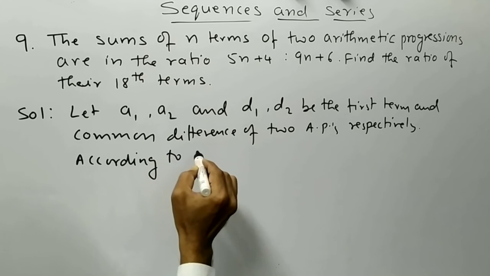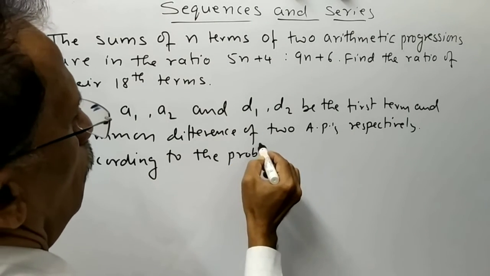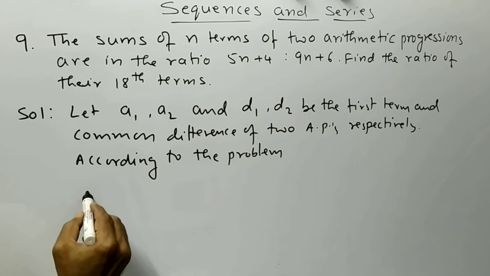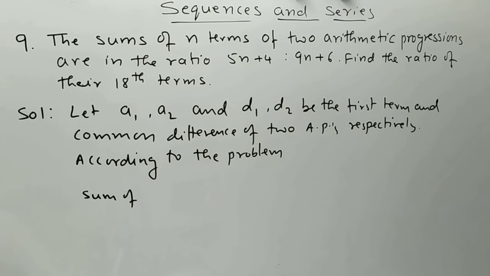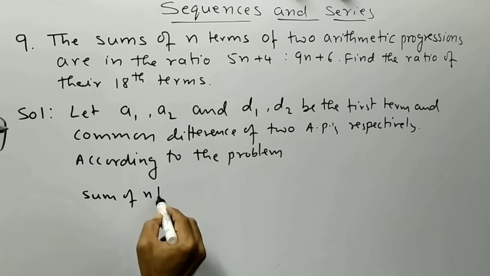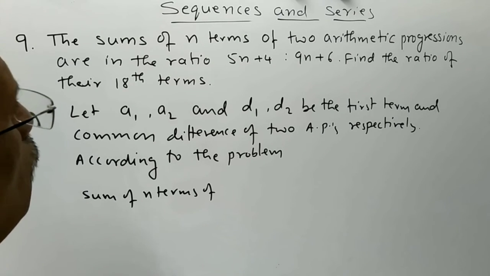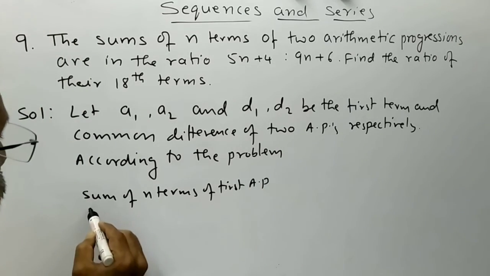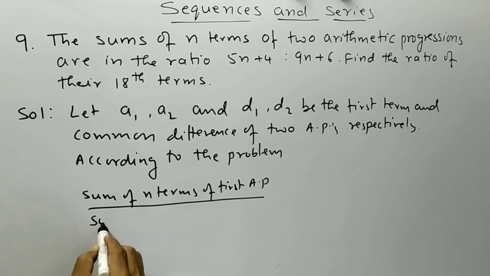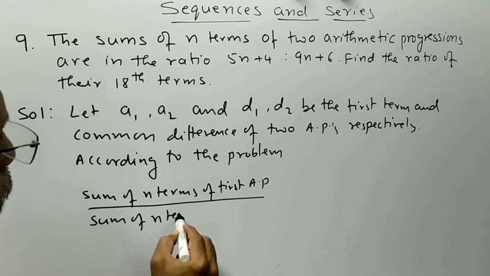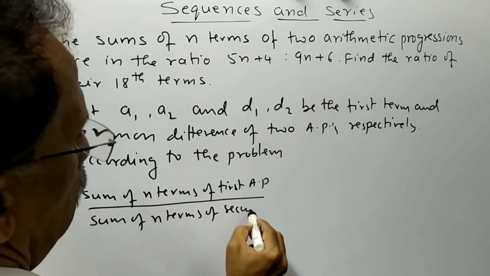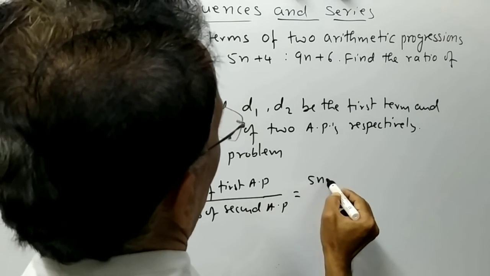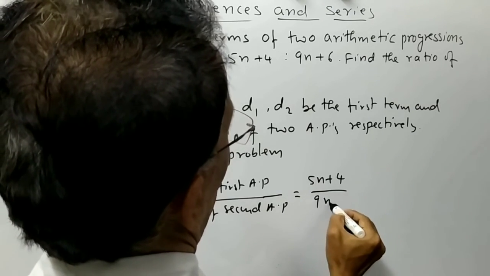According to the problem, sum of n terms of first AP divided by sum of n terms of second AP is equal to 5n plus 4 divided by 9n plus 6.